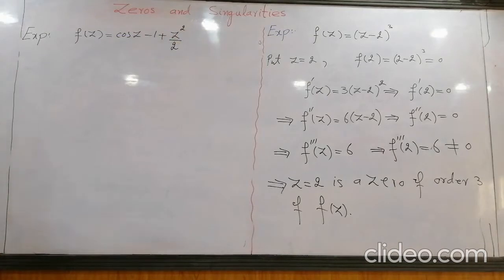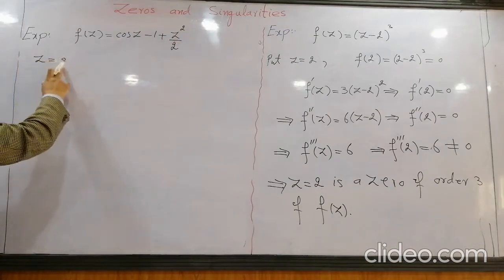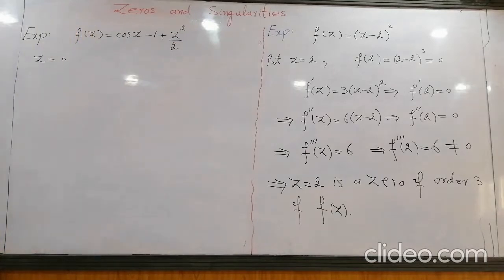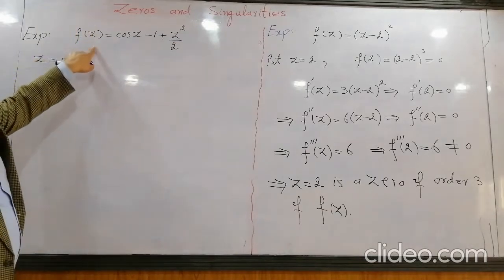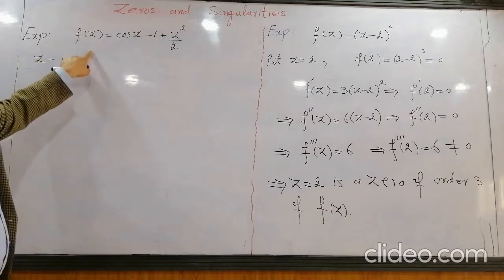The question is that show that z is equal to 0 is a 0 of this function, and find the order of the 0 for this function.